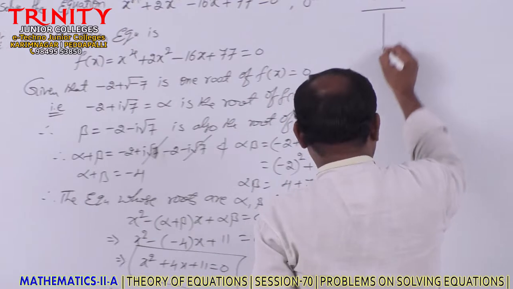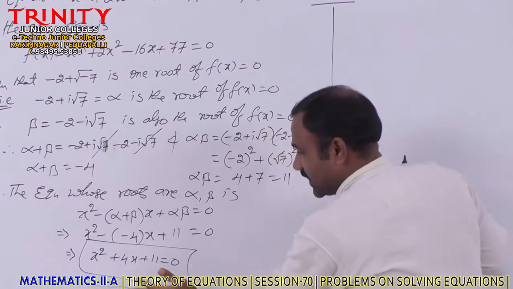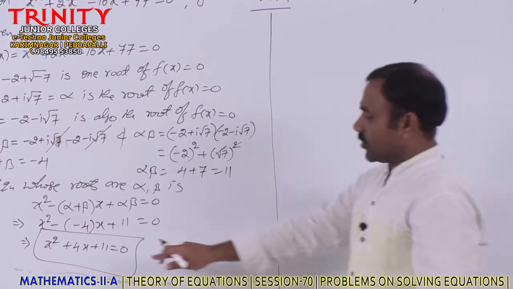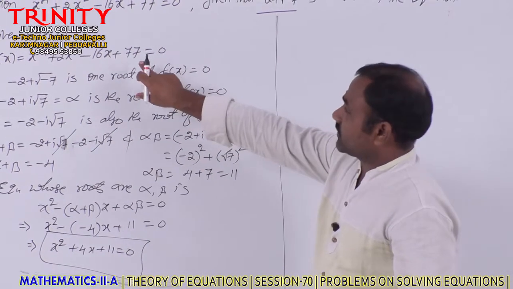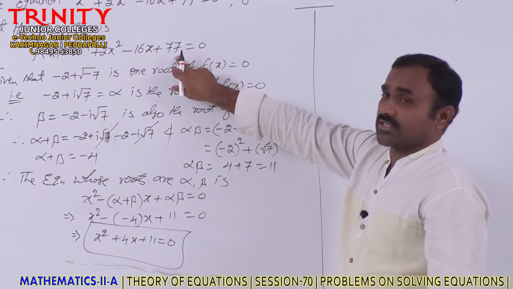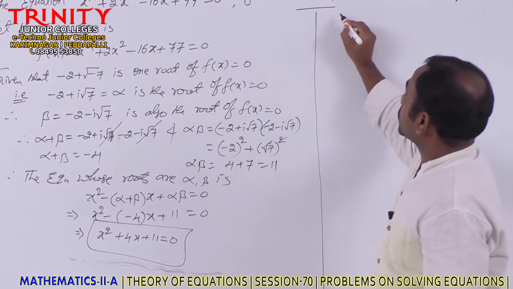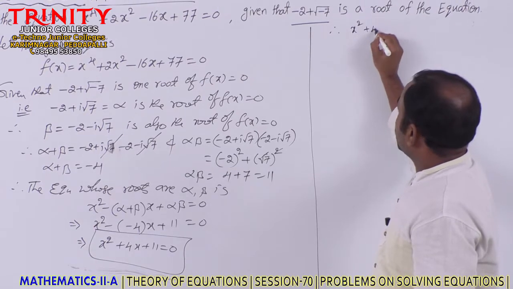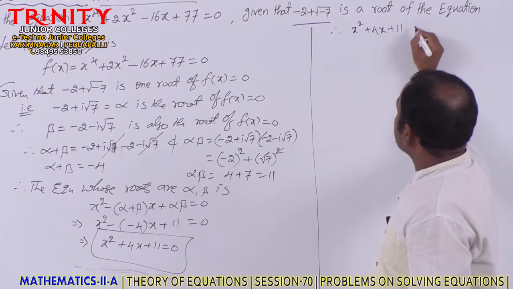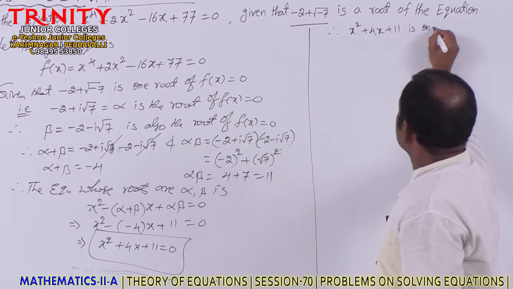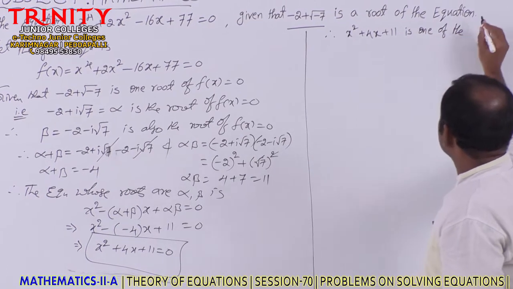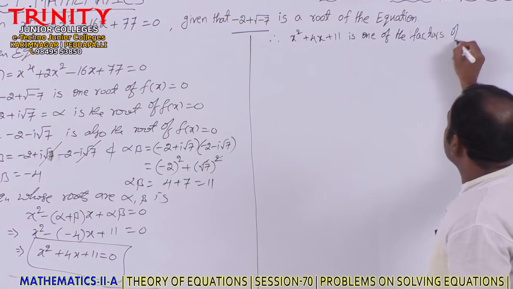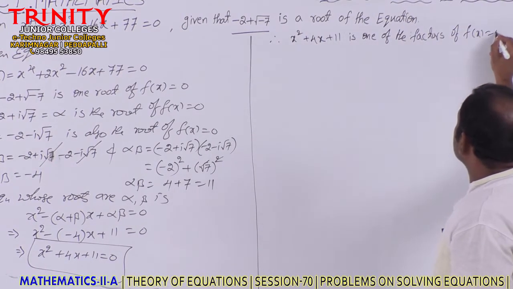The product of these two factors is nothing but x square plus 4x plus 11. Therefore, x square plus 4x plus 11 is one of the factors of f of x equal to 0.